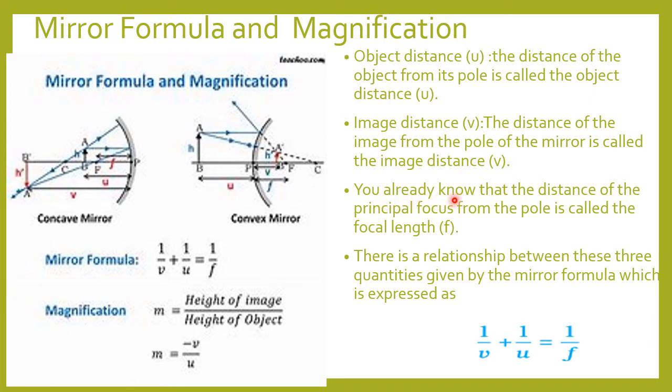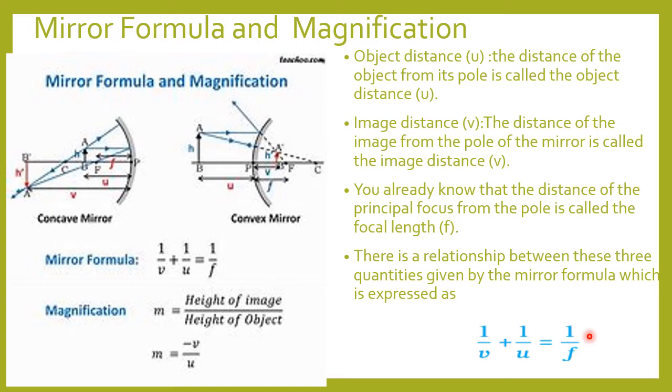You already know that the distance of the principal focus from the pole is called the focal length. The distance from P to F is called the focal length, and it is taken as small f. Now there is a relation between these three quantities given by the mirror formula, which is expressed as 1 upon v plus 1 upon u is equal to 1 upon f.